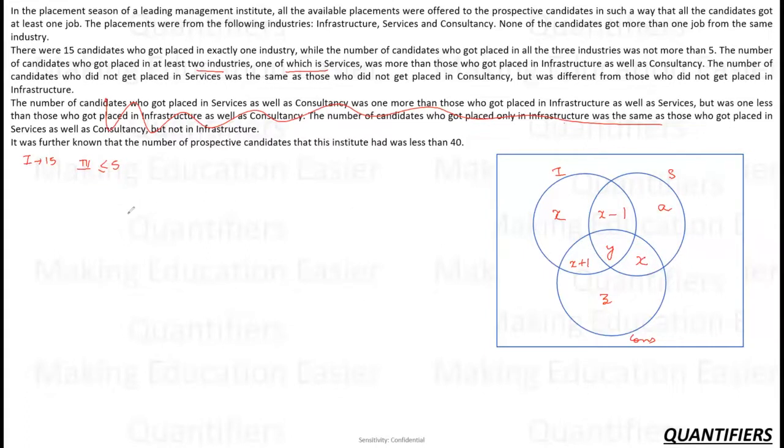At least one of them is services, which means x minus 1 plus x plus y was more than those who got placed in infrastructure as well consultancy, x plus 1 plus y. So y gets cancelled, x gets cancelled, x is greater than 2. तो ये रिजल्ट आ गया कि x 2 से बड़ा है, राइट, ये भी रिजल्ट आ गया.